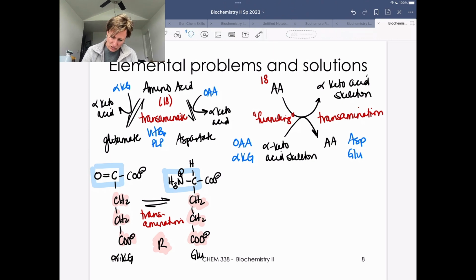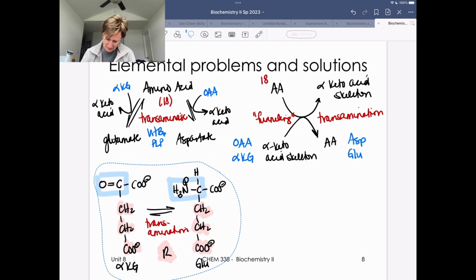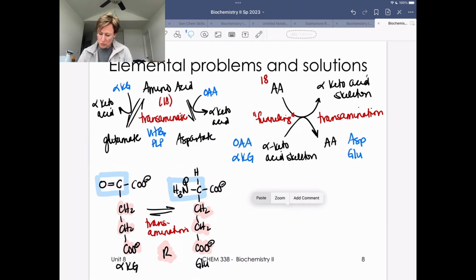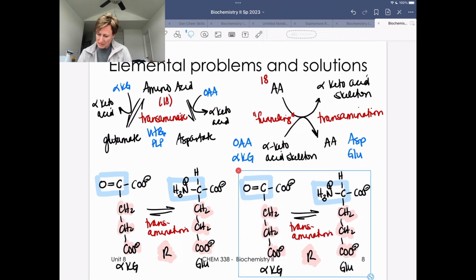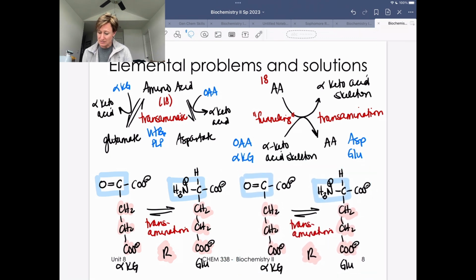okay? So what I'm going to do is that I'm going to cheat just a little bit to kind of draw this. Copy and paste here. I'm going to do the same thing over here, but remember, what's the only difference between alpha-ketoglutarate and oxaloacetate and then aspartic acid and glutamic acid is a methylene group.